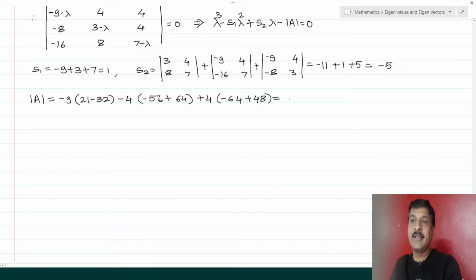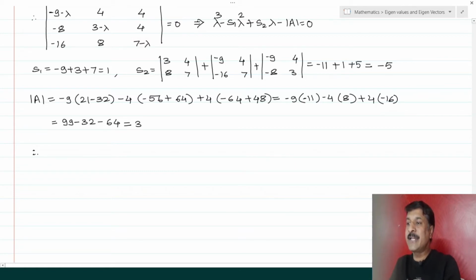So I am getting here minus 9 into minus 11, minus 4 into 8 and plus 4 into minus 16. So that is equal to 99 minus 32 minus 64, and that is equal to 3.